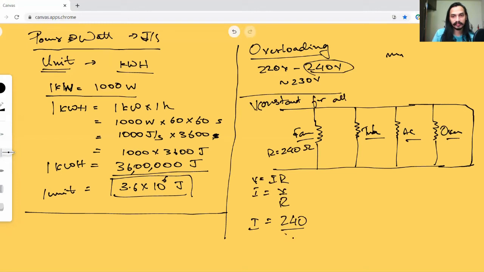So if it's 240 ohms, the current is nothing but 1 ampere. Any appliance with 240 ohm resistance will draw 1 ampere of current from these wires. Each appliance has its own resistance, so depending on the resistance, different currents will flow.